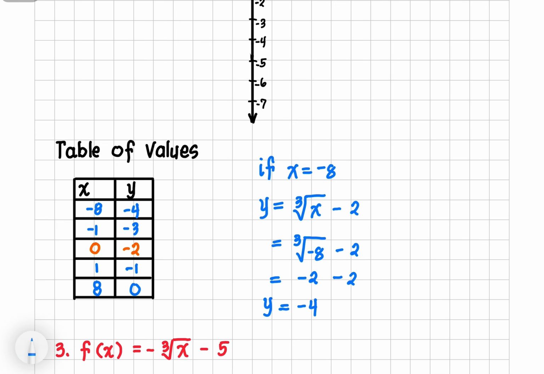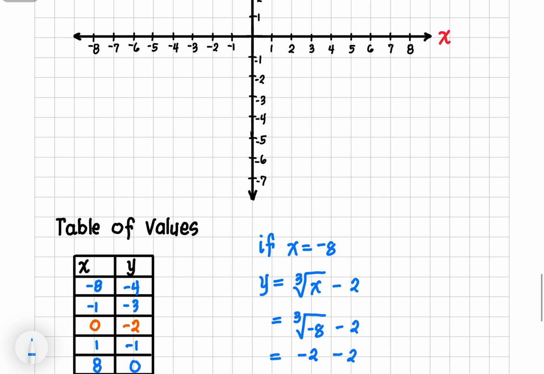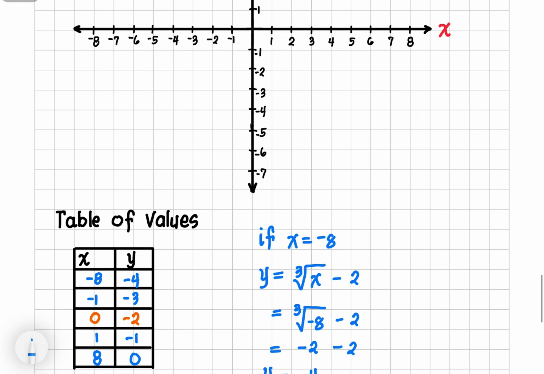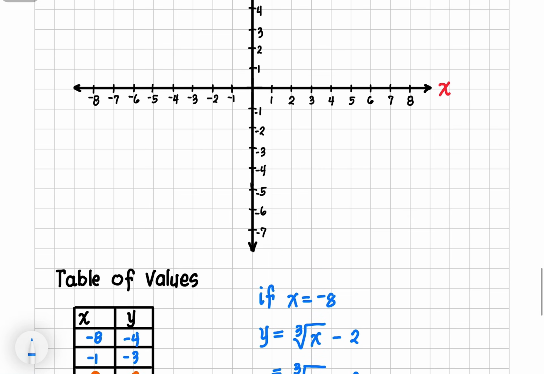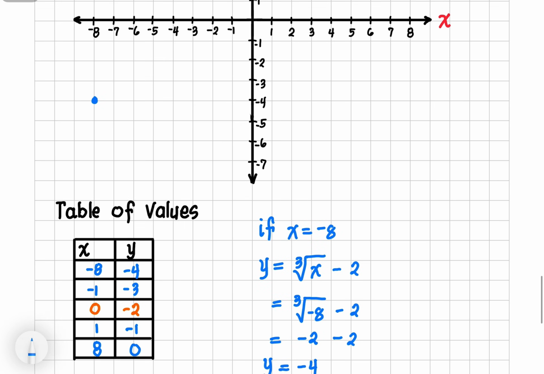After that, we can plot on our Cartesian plane. Let's locate the points. Your x is negative 8 and your y is negative 4. It is here. Then we have negative 1, negative 3.